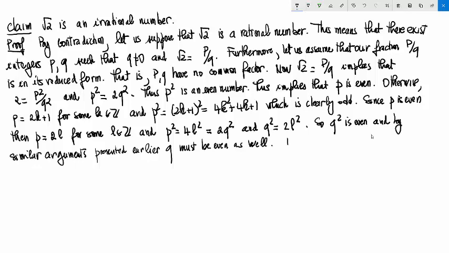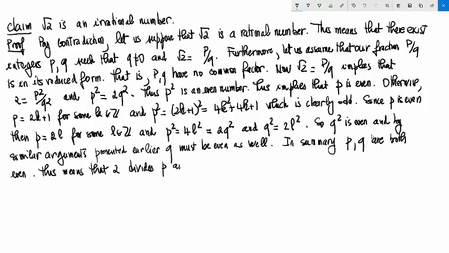So, in summary, p and q are both even. This means that 2 divides p and q, but this contradicts the assumption that p and q have no common factor.